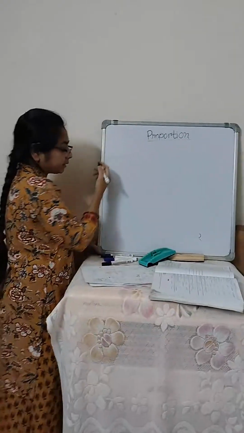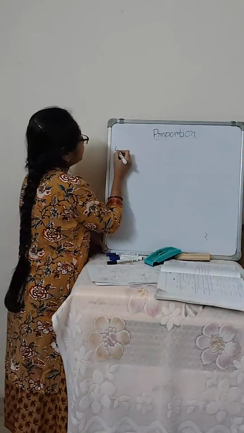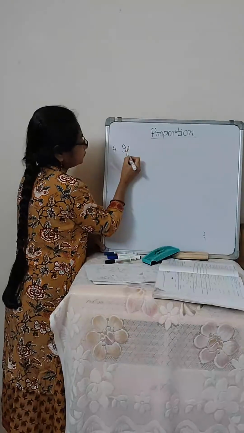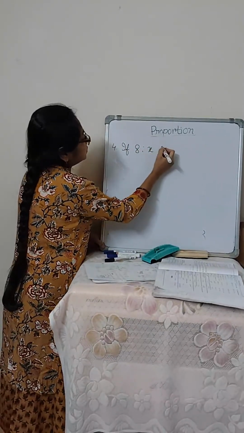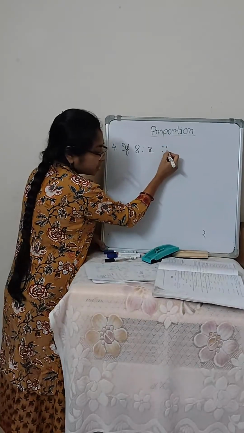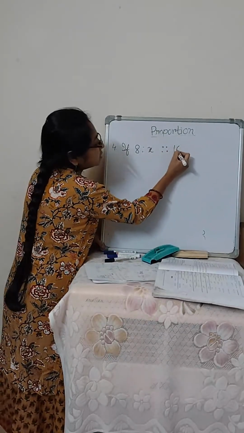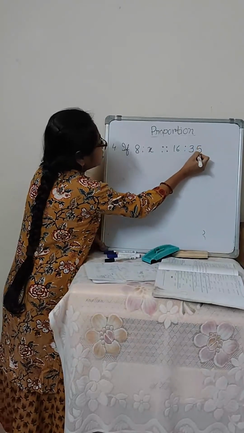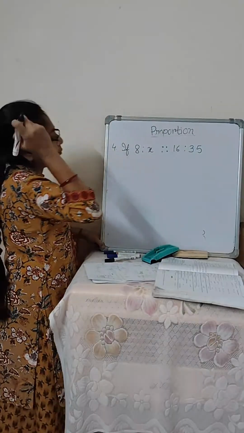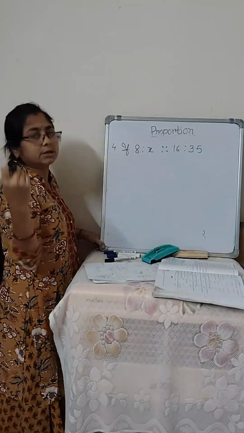Now, another math. If 8 is to x proportion 16 is to 35. 8 is to x is equal, proportion sign, 16 is to 35.